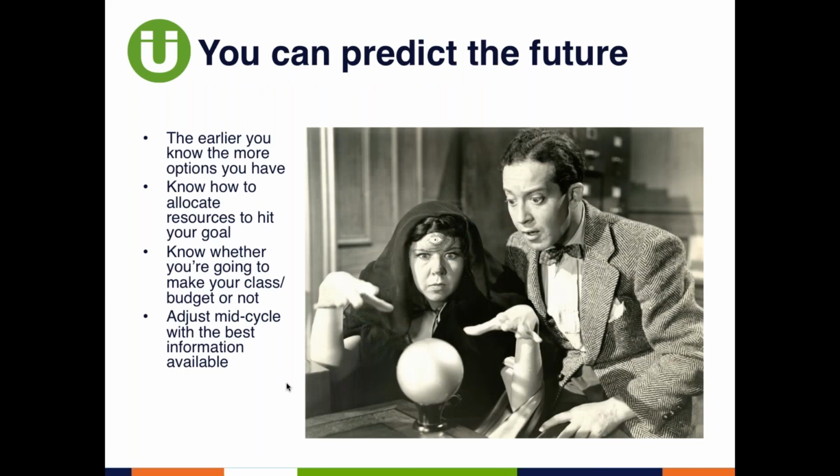So ultimately, a predictive model means you can predict the future. And what that means is, the earlier you know what your class is going to look like, the more options you have. You can allocate resources to hit your enrollment goal and adjust mid-cycle using the best information available.